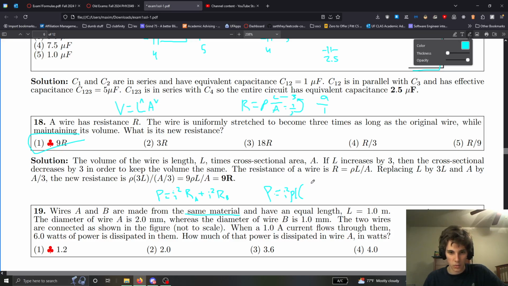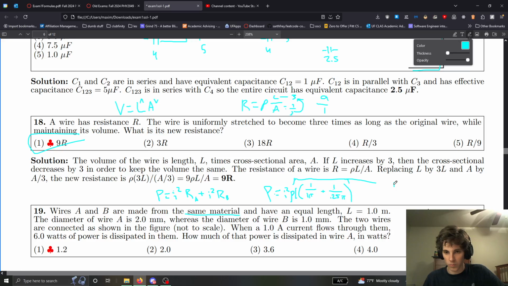A is 2 millimeters, which means the radius is 1. So we have a pi down here. Whereas with B, you have a radius of 0.5, which when squared is 0.25, pi. So you can factor out the pi. The important thing to note is the relationship between the two.